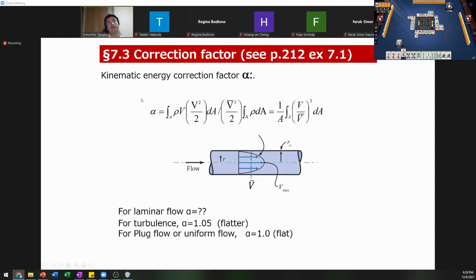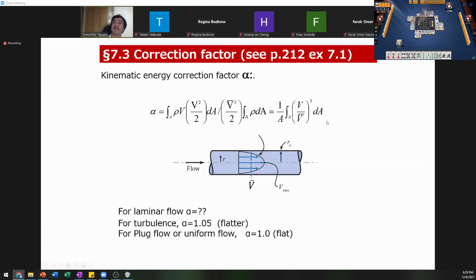And then the question is how to derive the correction factor alpha. And alpha is just defined as the integration of rho times v squared over 2 dA, divided by velocity cubed over 2 times rho times area.